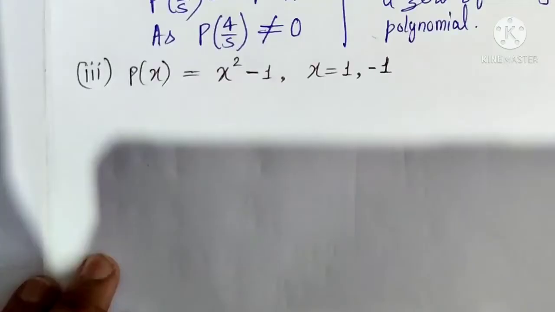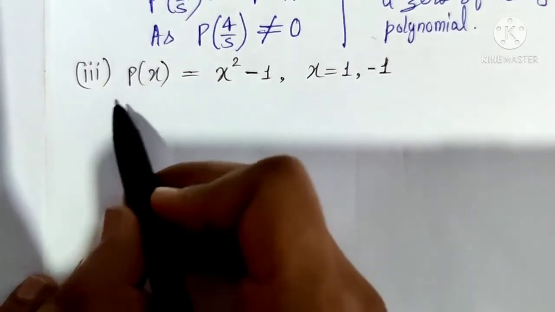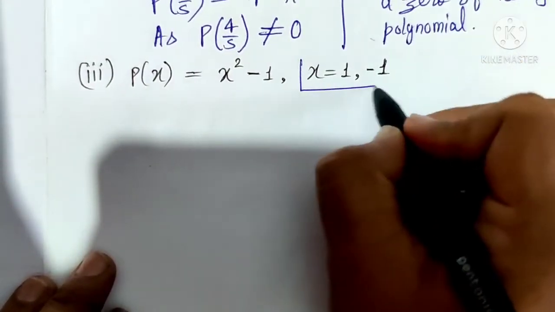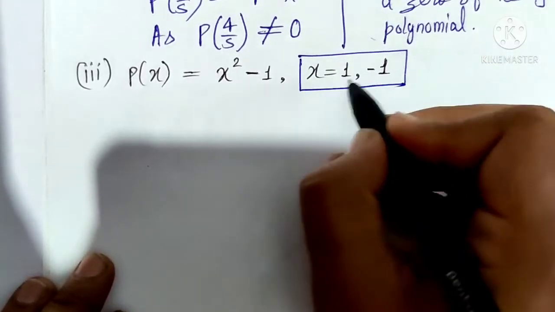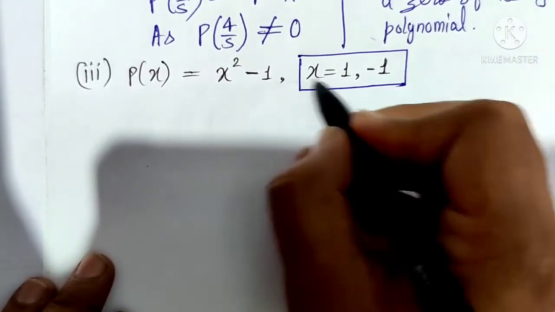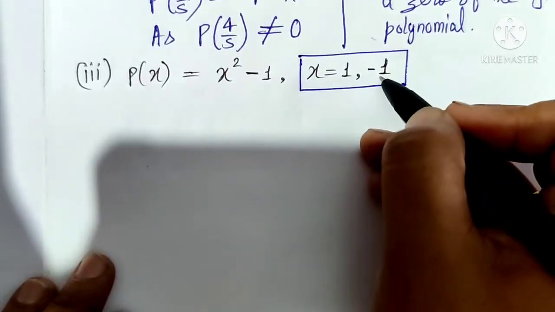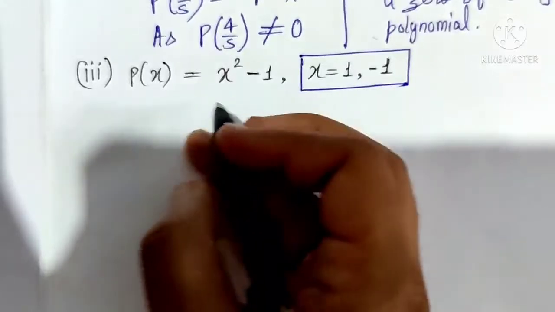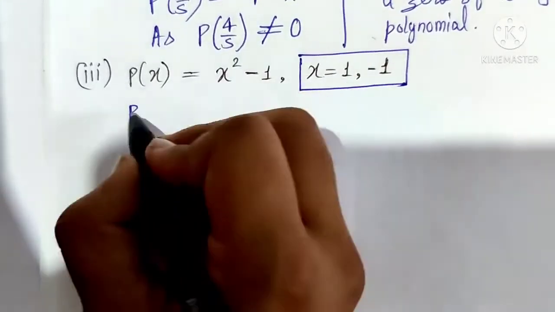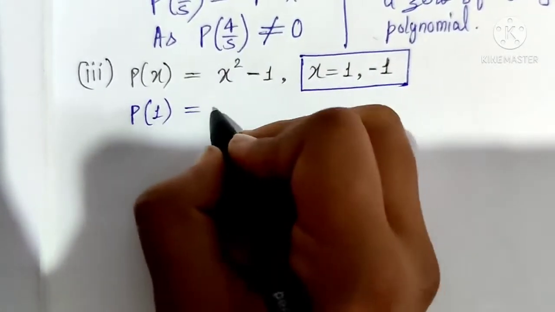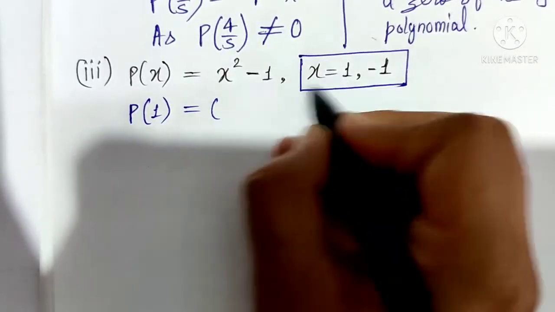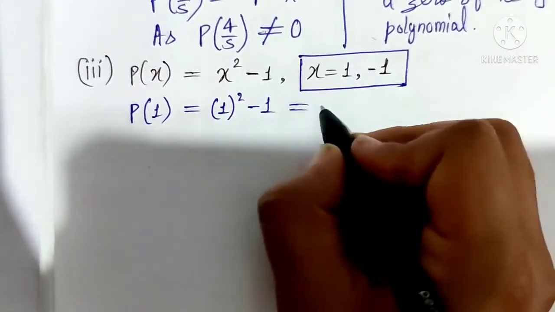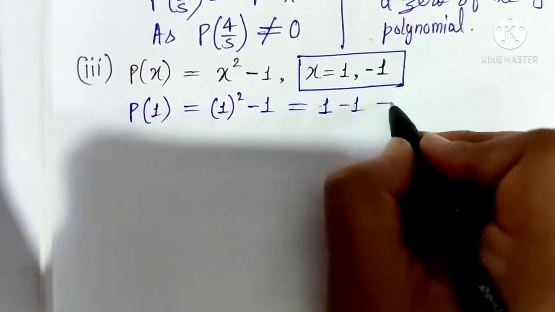Okay, now in the third part, they have given p(x) equals x square minus 1 and x equals 1 comma minus 1. It means this time they have given two values. So first we will put 1 in place of x, and then we will put minus 1, and we will check from which value the polynomial becomes 0. So let's see. First we will put 1 in place of x. So p(1) equals x square, it means in place of x, what will come? 1. So 1 square minus 1. 1 square means 1 only, minus 1, it comes 0.